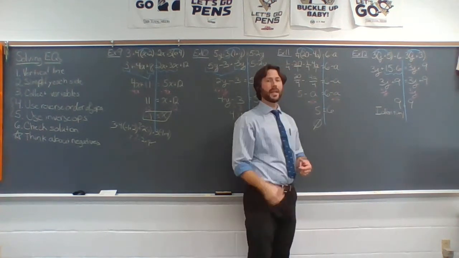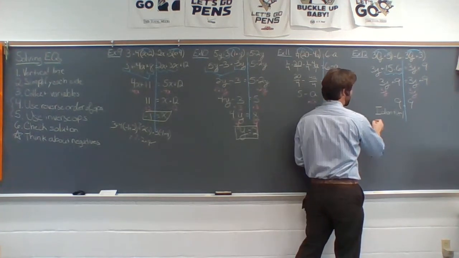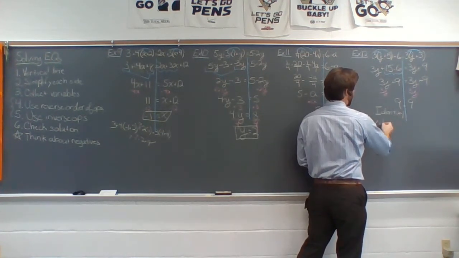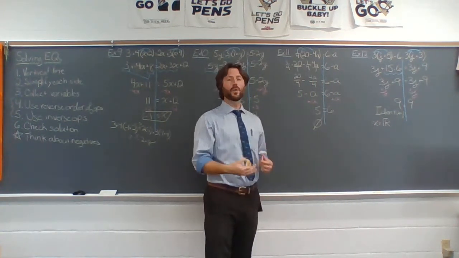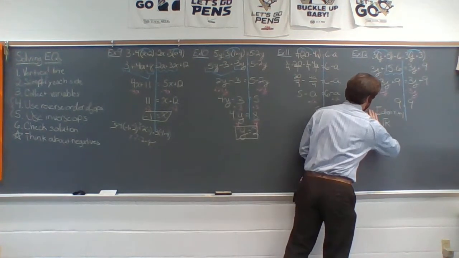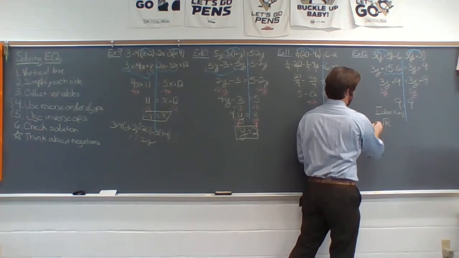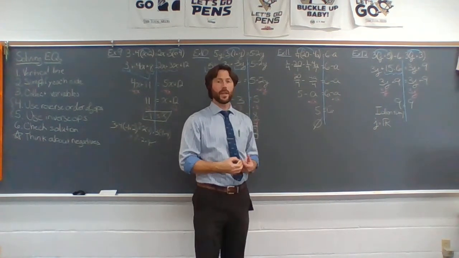Okay, the equation is an identity, which means your solution is all real numbers. Okay, any number you can possibly imagine, sub it in place of that j, and it's going to work. Any number you can think of is going to make that equation true.